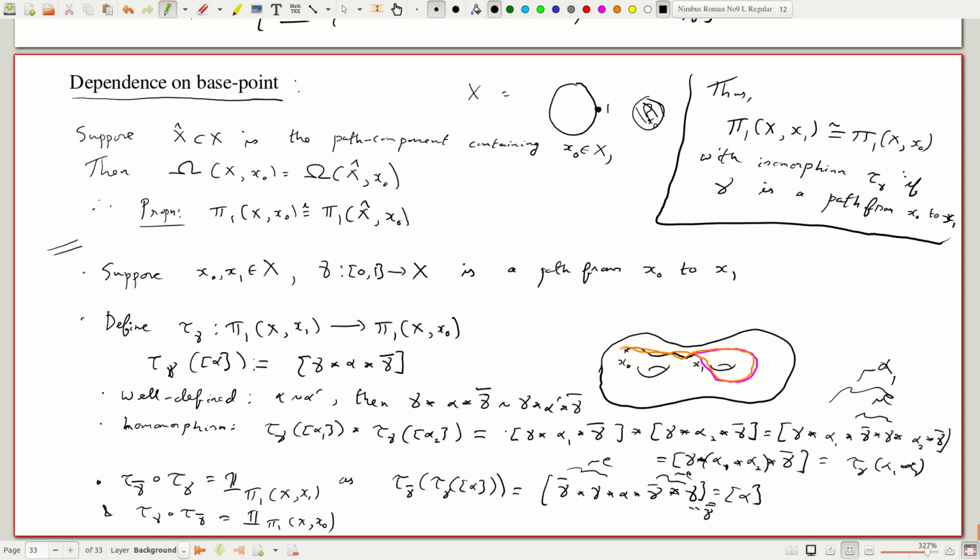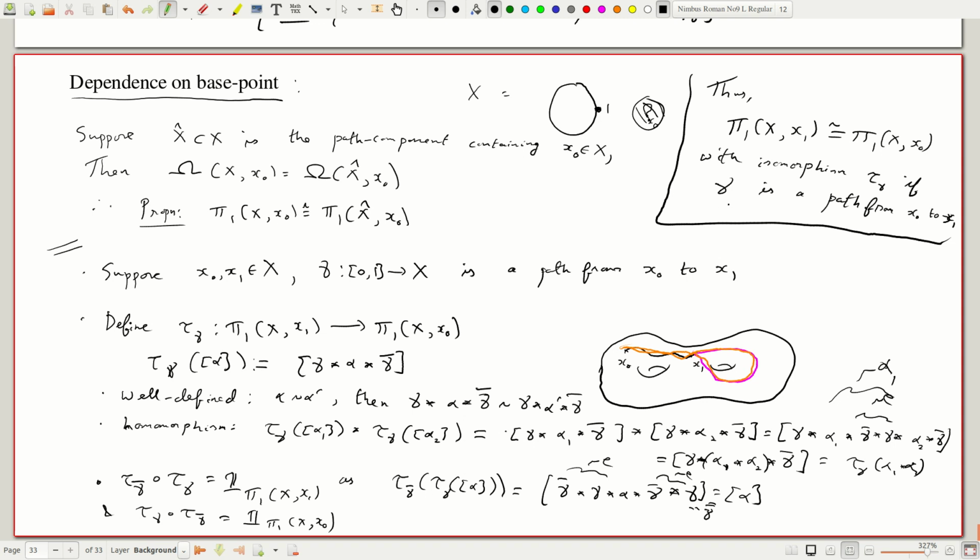So we see the dependence of the fundamental group. If you have many path components, it depends strongly, but for the rather simple reason that the fundamental group only sees the path component containing the base point. On the other hand, within that component, or if X is path connected, the group is determined up to isomorphism.